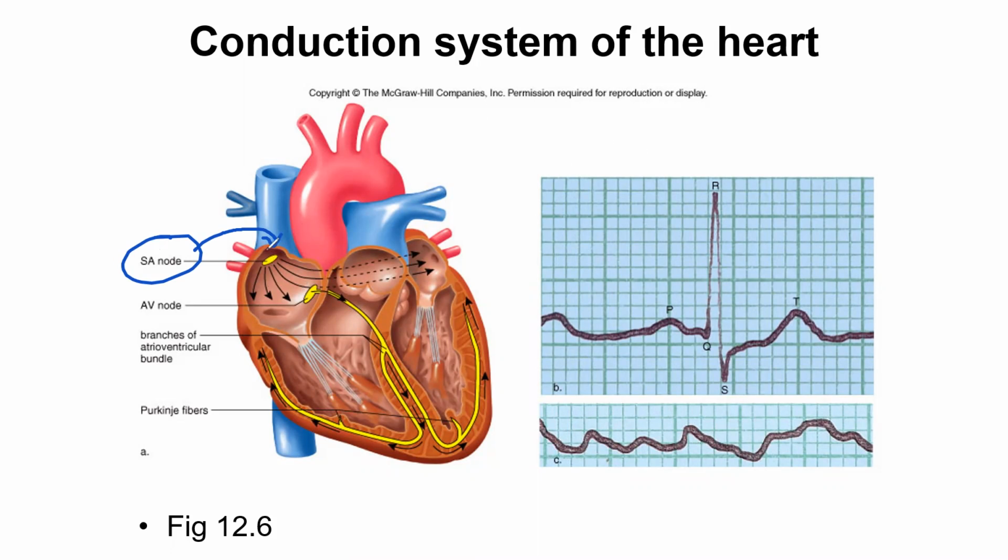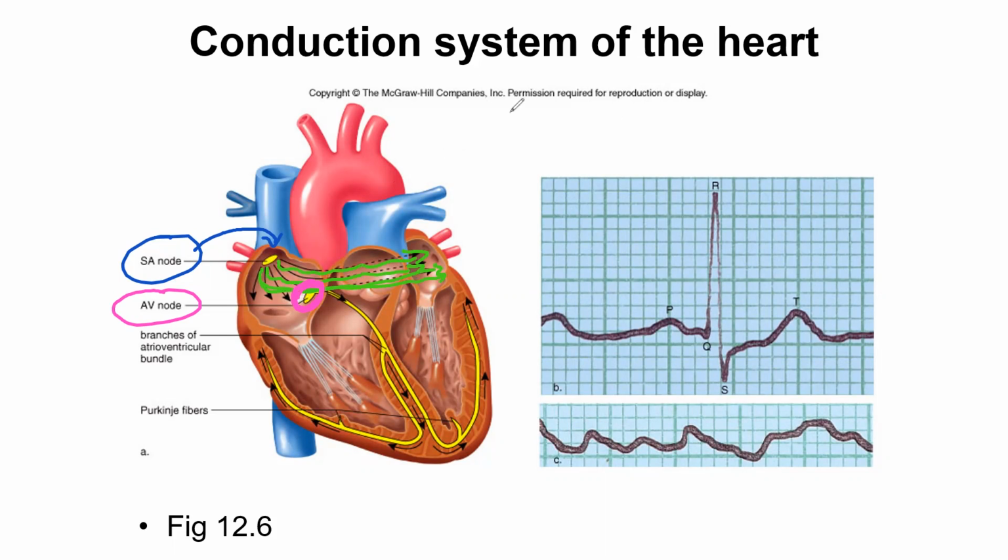Those electrical signals will travel all the way across from the right side to the left side of the heart, but only in the atria. When they reach this part right here, that's the AV node, your atrioventricular node. It's in the lower portion of the right atrium.